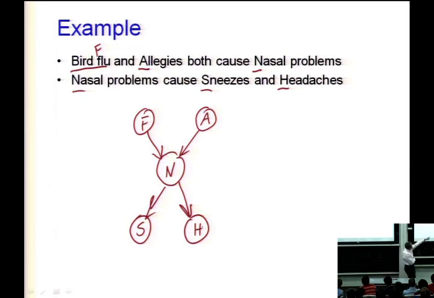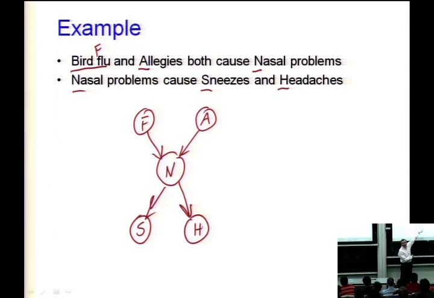But for H, we could get one, right? What's H conditionally independent of given its immediate parent, N? Right. It's independent of all those things.